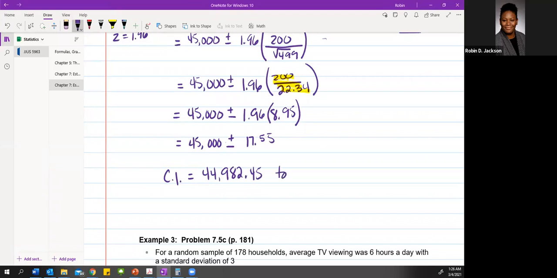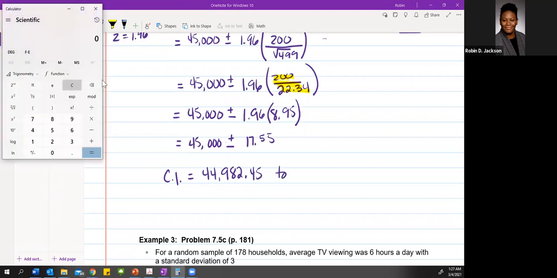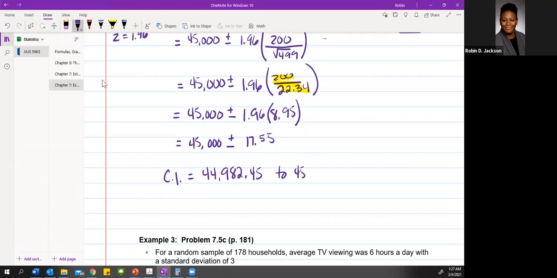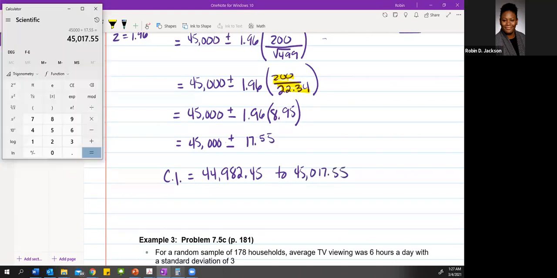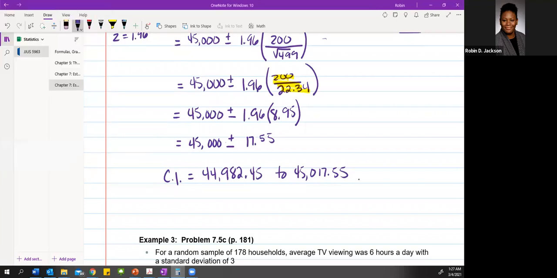And it goes all the way to, and let me do good practices, 45,000 plus 17.55, which is going to give us 45,000. Let me double check that. 45,017.55, yes, okay. So this is our confidence interval for the problem that did not have a population standard deviation, all right?